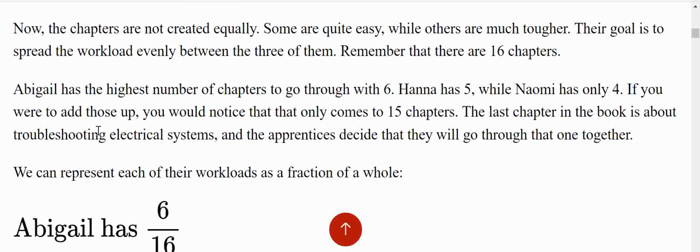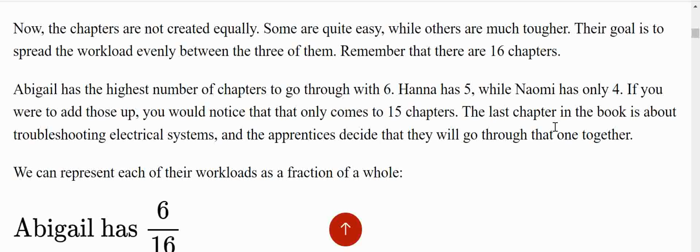Abigail has the highest number of chapters to go through with 6, and Hannah has 5, while Naomi has only 4. If you were to add those up, you would notice that that only comes to 15 chapters.